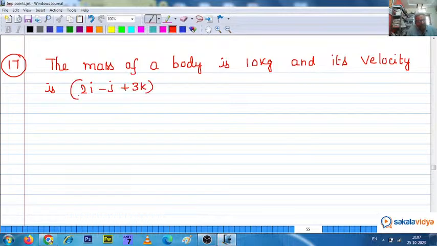That means velocity is a vector given in meters per second.